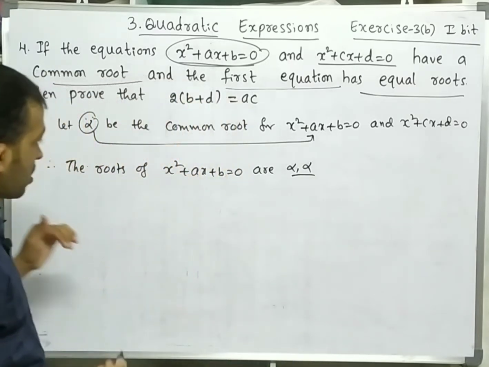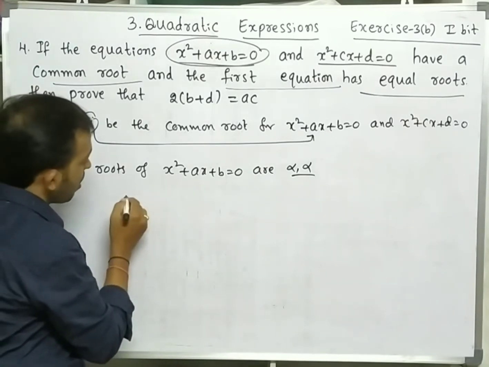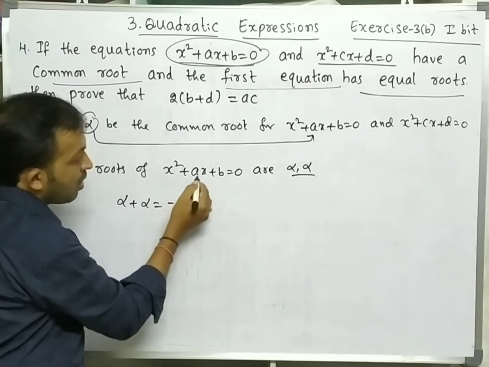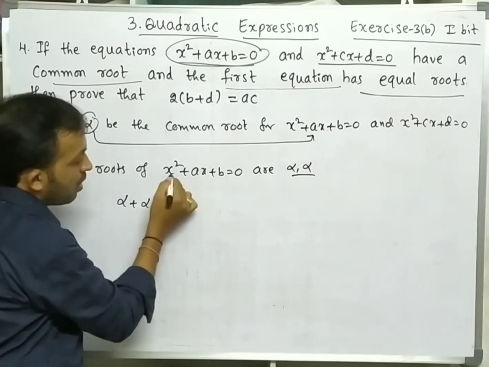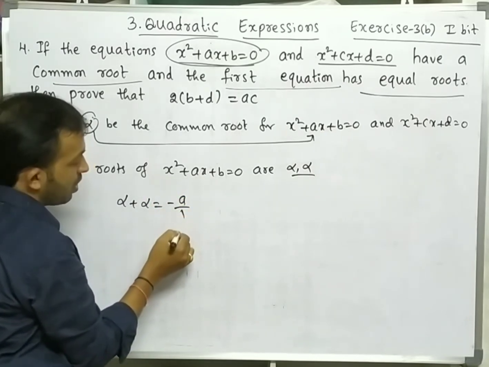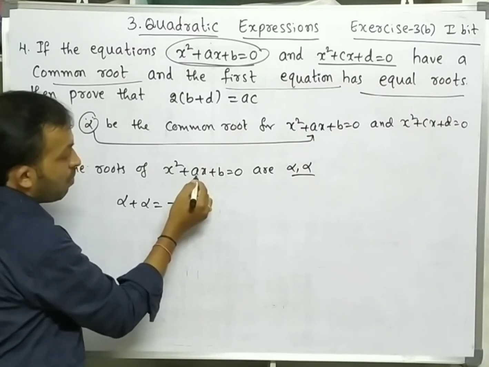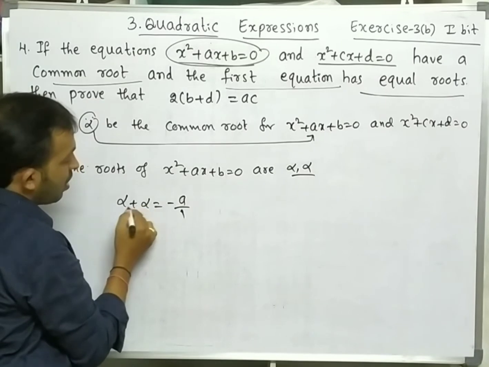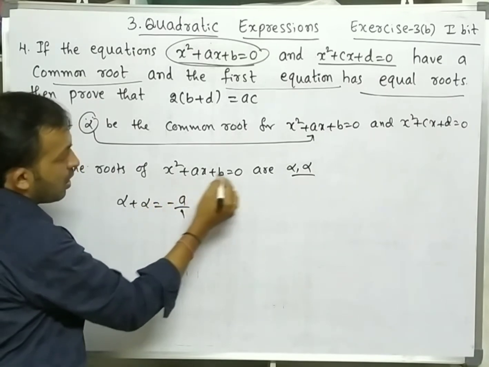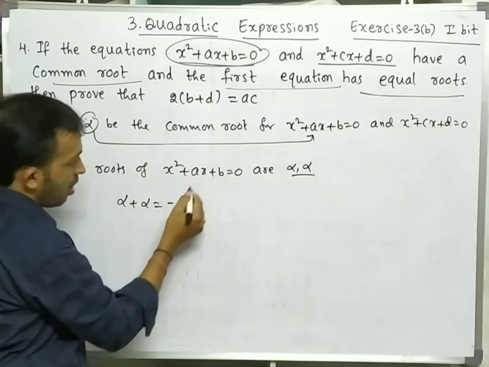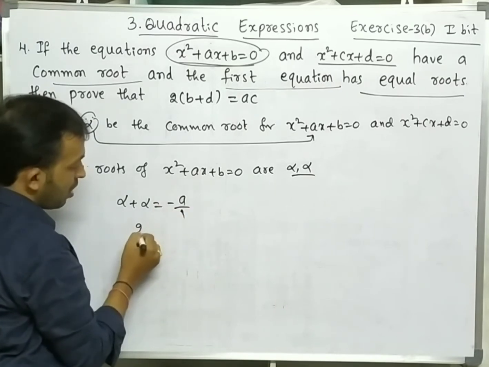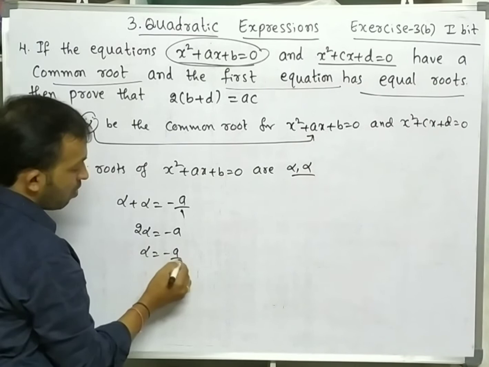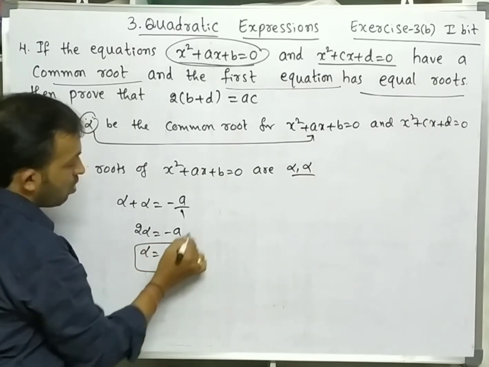Next, just recall the sum of the roots: minus x coefficient by x square coefficient, minus b by a, where a is 1. Here, with two equal roots, alpha plus alpha is equal to minus a by 1, so 2 alpha is equal to minus a, and alpha is equal to minus a by 2.